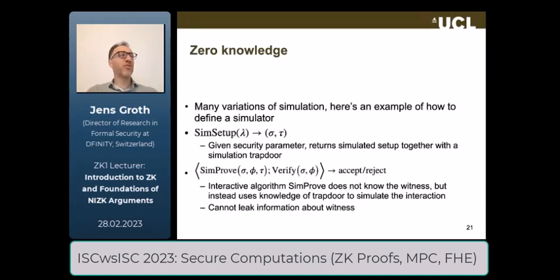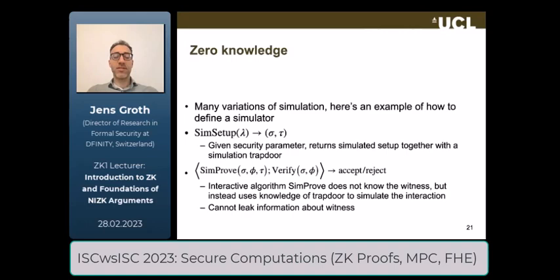There are many variations of how you can simulate, okay? So let me just give you one example that appears quite often in non-interactive zero-knowledge arguments, okay? So when you want to prove that something is zero-knowledge, you will have to define how that simulation is run, okay? And there's a simulator algorithm that generates a setup, okay?